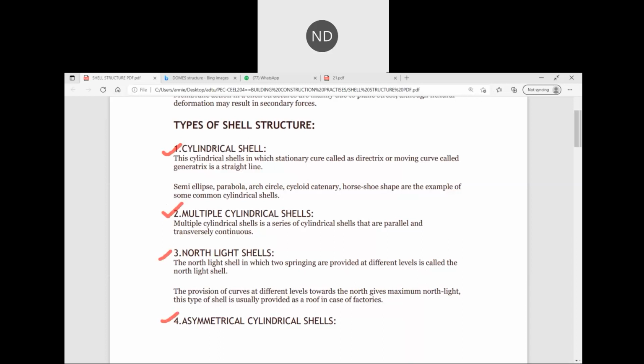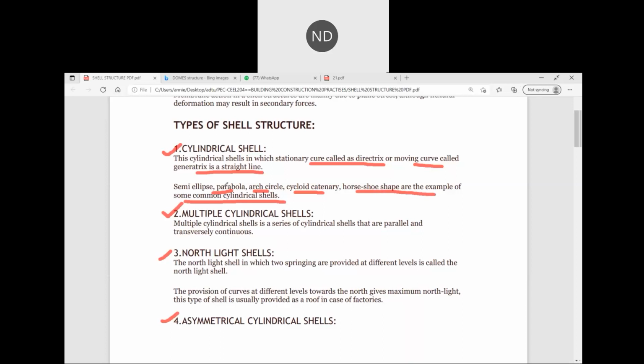So what is a cylindrical shell? The cylindrical shell is one in which the stationary curve, called the directrix, or the moving curve, called the generatrix, is a straight line. Semi-ellipse, parabola, arch, circles, cycloids, catenary, horseshoe shape are the examples of common cylindrical shells.